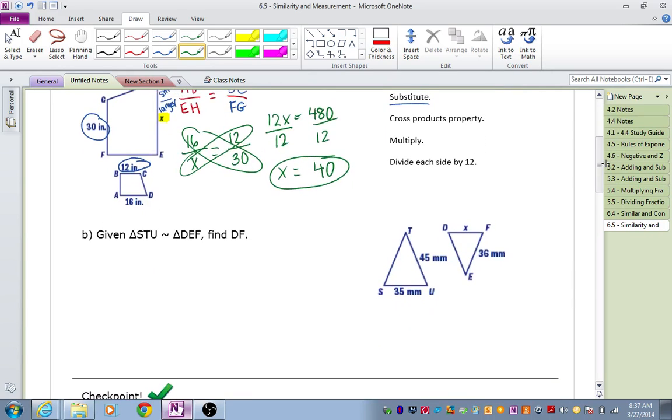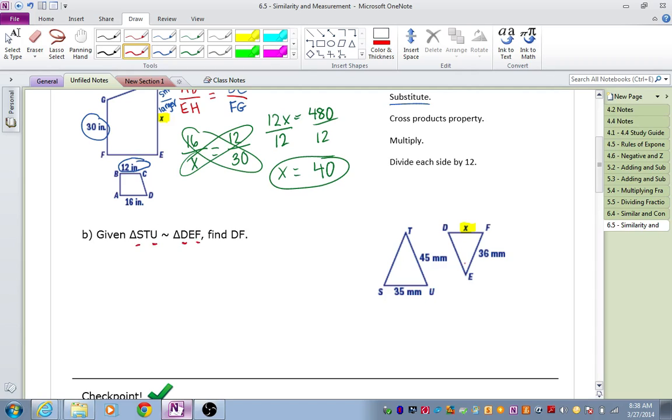Let's look at B. Here we're given that triangle STU is similar to triangle DEF, and we want to find DF. Okay, so let's set up some ratios. Well, DF, the first and last letter, would match up with SU.